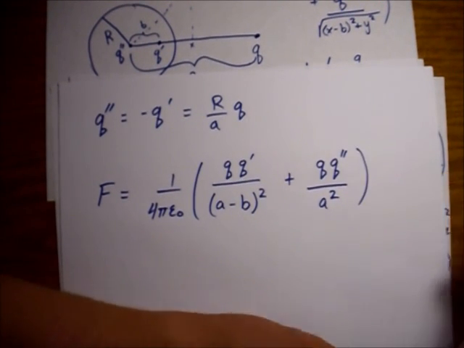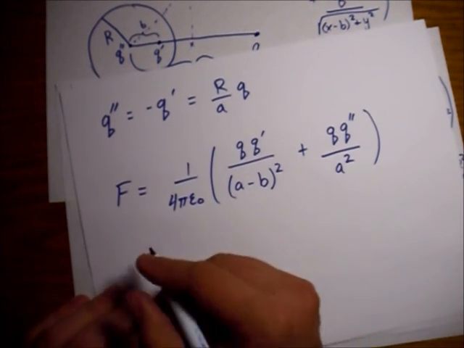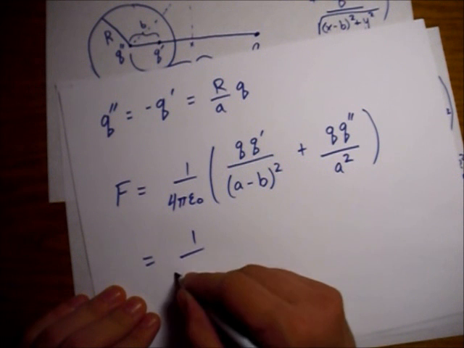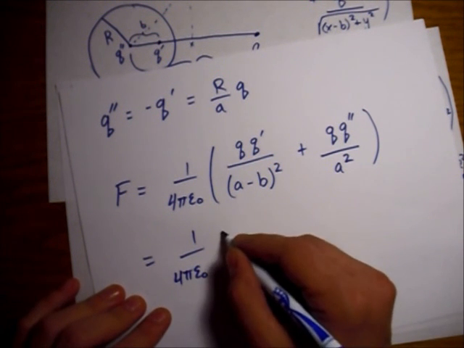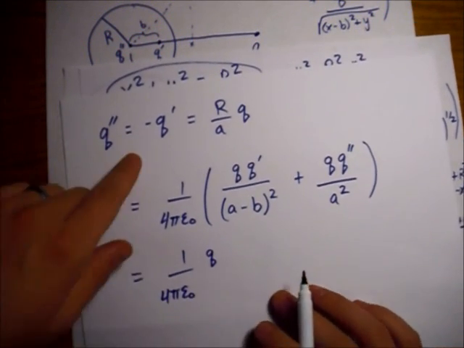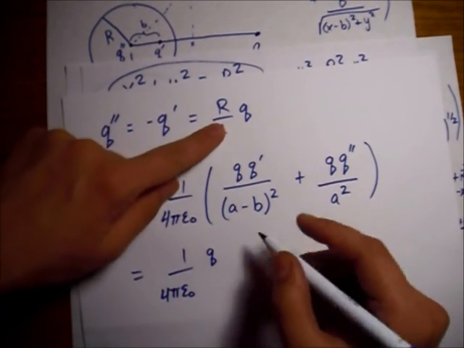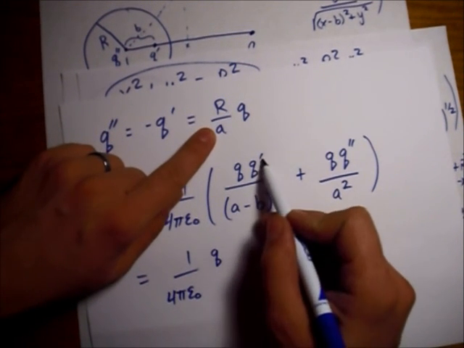So now what we have to do is plug in for b, q prime, and q prime prime. I'm going to factor out this q. We can go ahead and put in q prime.